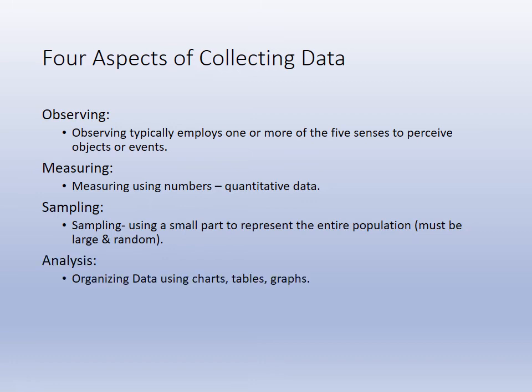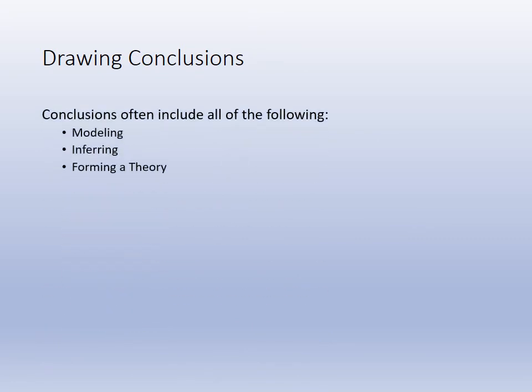And then analysis uses charts, tables, and graphs on the data that you've collected. It organizes it and allows you to make your decision. Then your conclusions are either models. An example of a model would be the layers of the Earth.